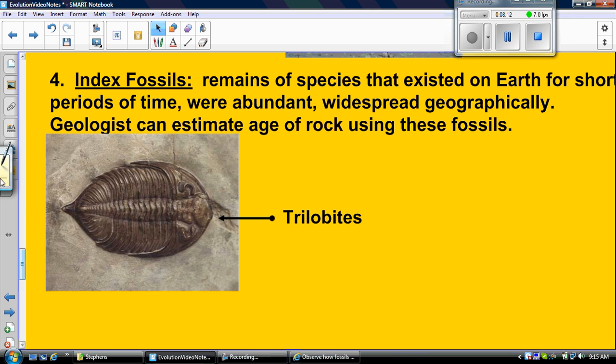So geologists can estimate the age of rocks using these fossils. So if trilobites only existed during the Paleozoic era, and we find a rock that has a trilobite, then we know how old that rock is. It was formed in the Paleozoic era. So index fossils are pretty important to use. And remember, they're only around for a certain amount of time.